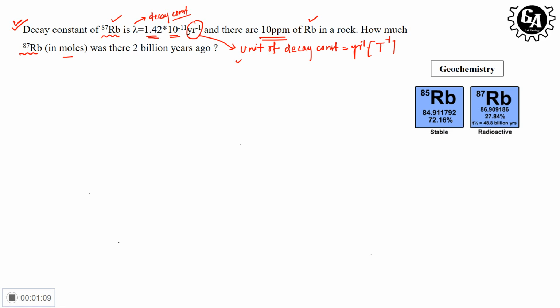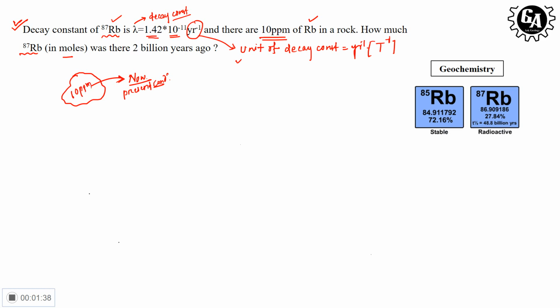Let's try to understand the question. Now there is one rock, and in this rock, in the present condition, the amount of rubidium present is 10 ppm.